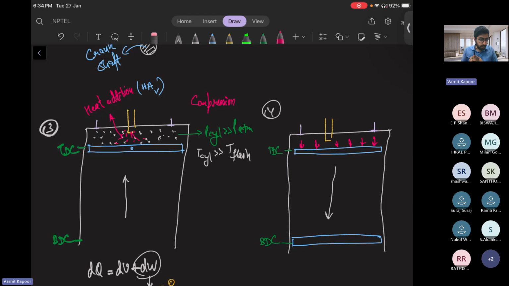So this is expansion. This stroke was your compression. Let me write it here. And this will be your expansion, or you can say power stroke.